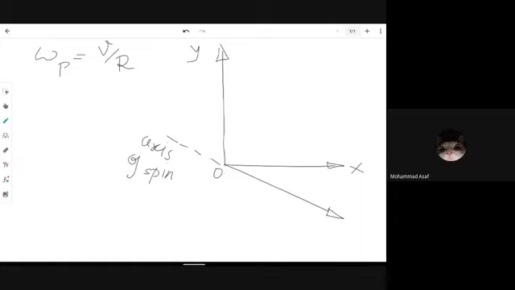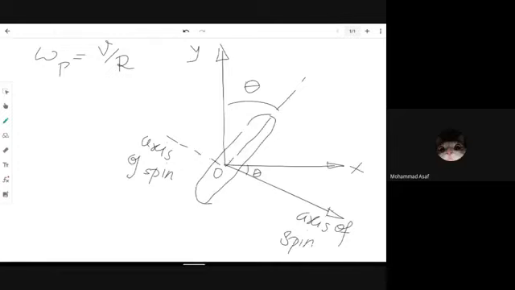This is inclined with respect to the horizontal axis at an angle theta. This is happening only because the wheel as a whole has an inclination with the vertical, which is the angle of heel theta. Since the vehicle is taking a turn, this axis of spin is the axis along which the angular velocity omega will be acting. That you have already understood.